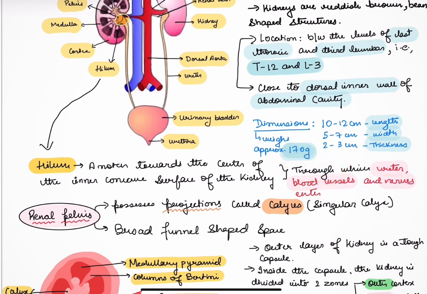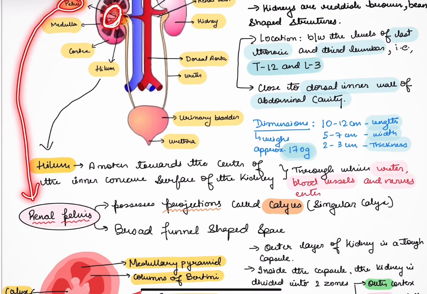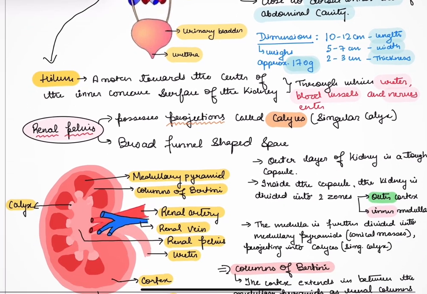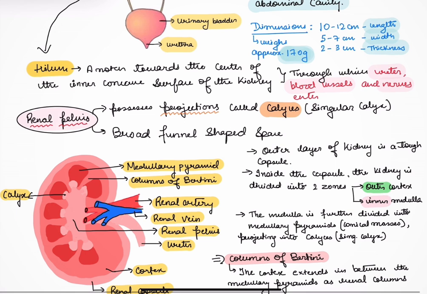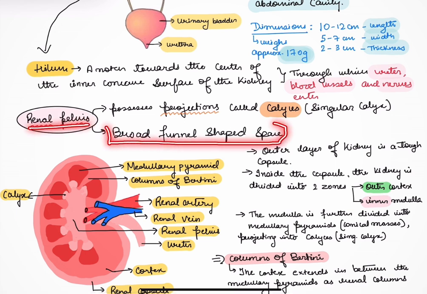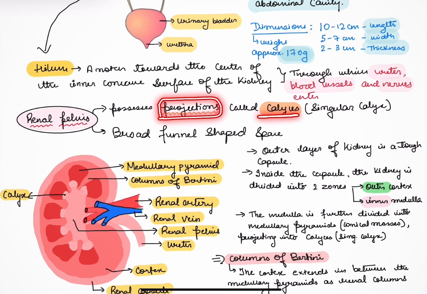Now we have a specialized structure present in between the kidney, which is the pelvis or the renal pelvis. So the renal pelvis is basically a broad funnel shaped space which has projections known as calyces or singular calyx.